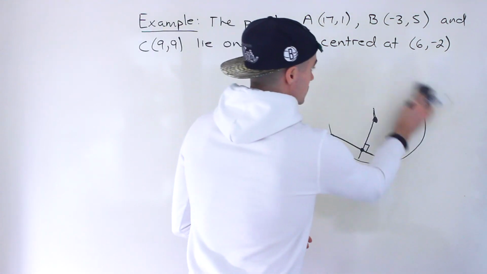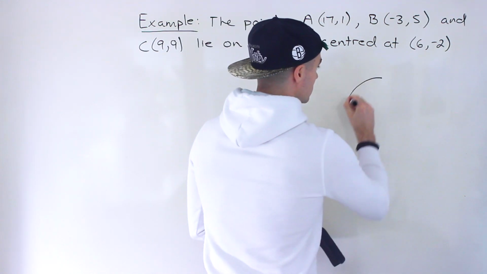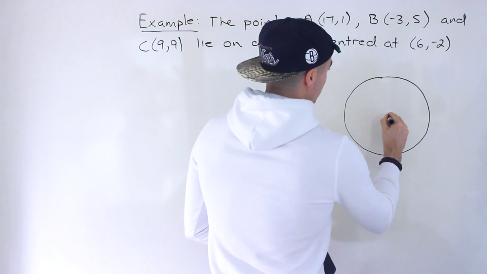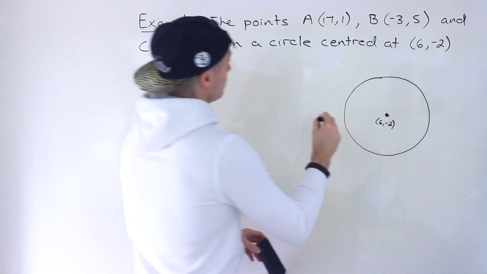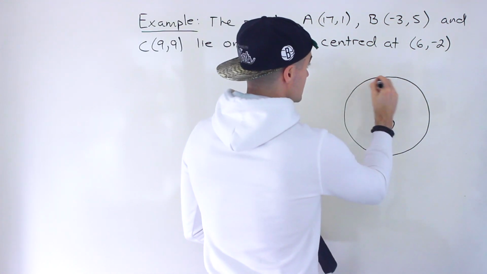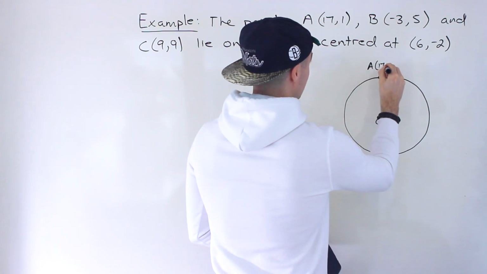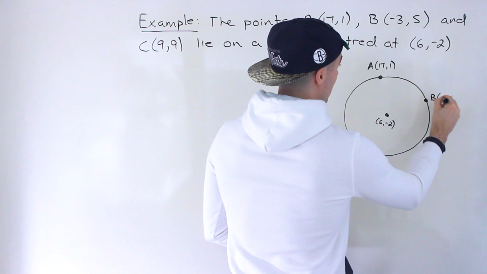So to draw another diagram for this scenario, we've got a circle. We're told it has a center at (6, -2), and then we're given 3 points on the circle. So let's say A is over here. This is not necessarily how it's going to look on a Cartesian plane, but just to have a rough diagram to follow.